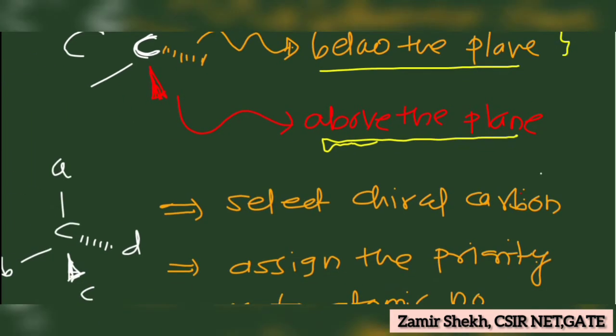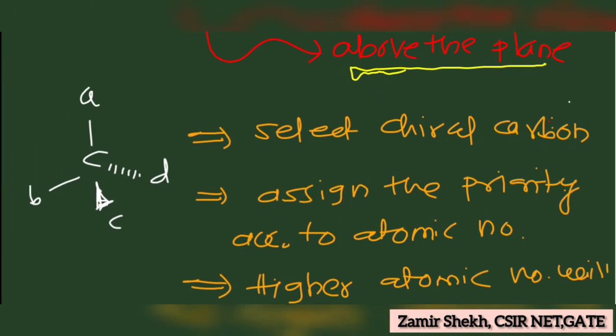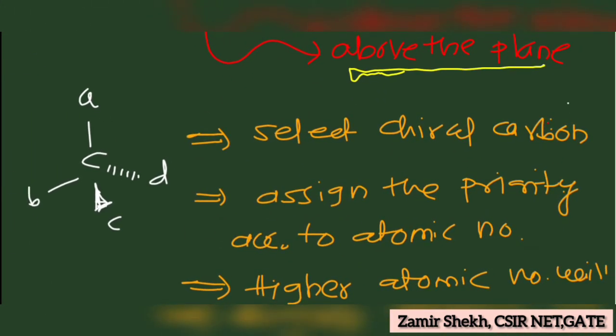This is the chiral carbon, where A, B, C, D are the 4 different substituents. D is away and C is above the plane.